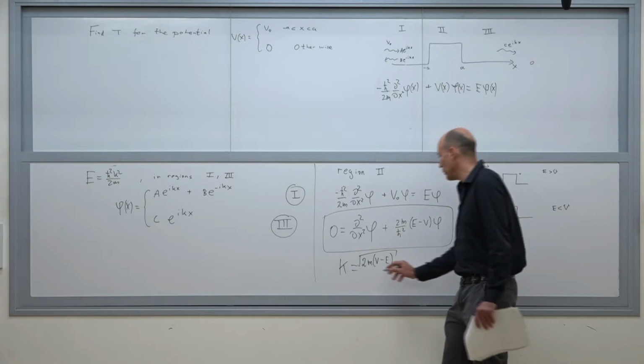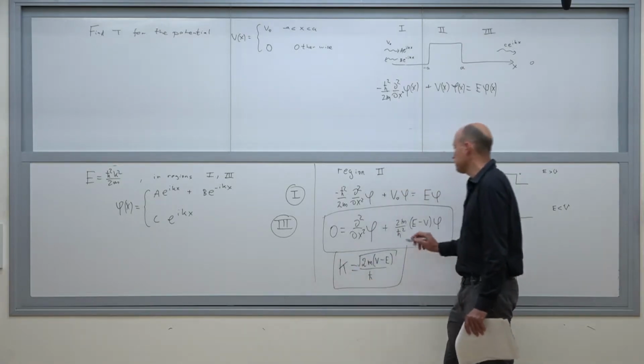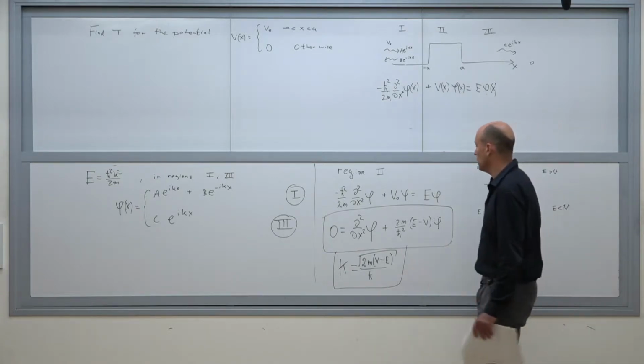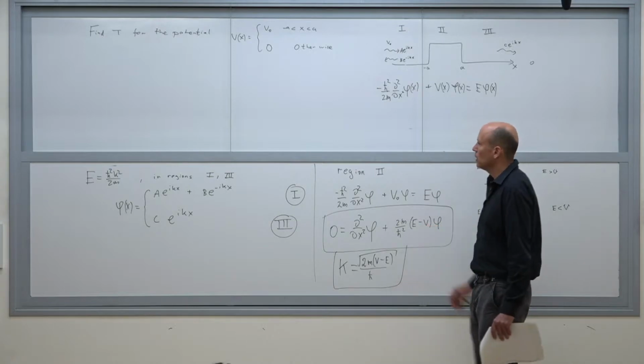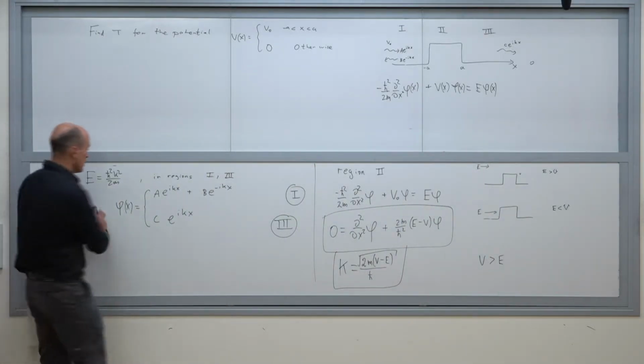It's a positive real number. All this divided by h bar. So now I'm concentrating on this solution, and kappa is like this. And notice that I switched this. So let us do the math, and then I'll explain the physics.